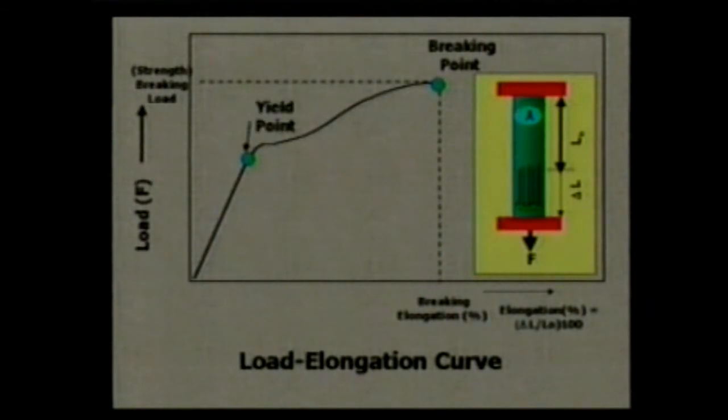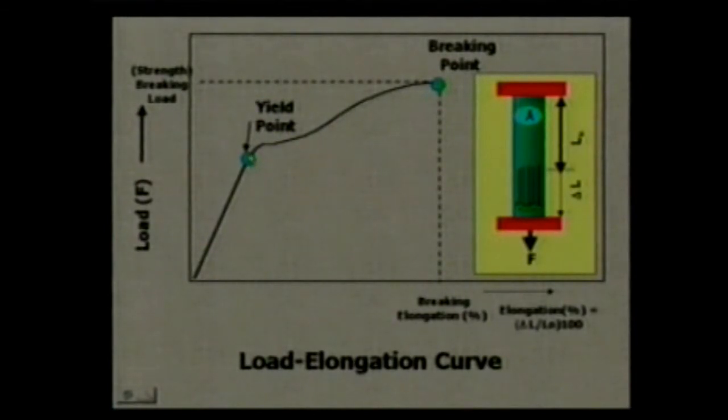The yield point. I mentioned a minute ago that most materials follow a linear trend in the beginning until they reach some point beyond which they follow a nonlinear type of deformation. And I also said that up to that point, the material will spring back, or recover its original dimensions, upon removal of the load.